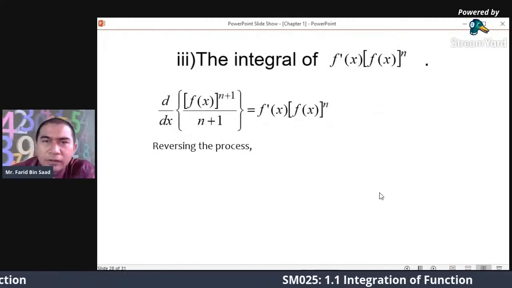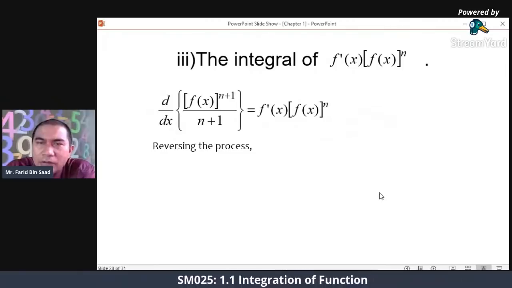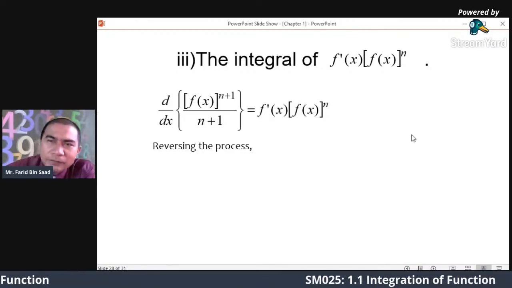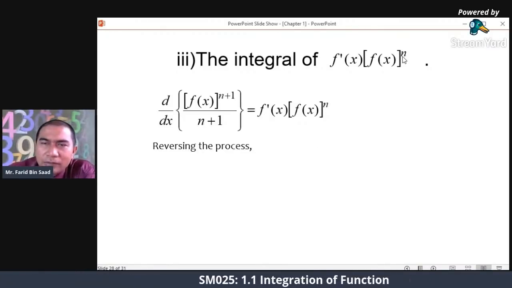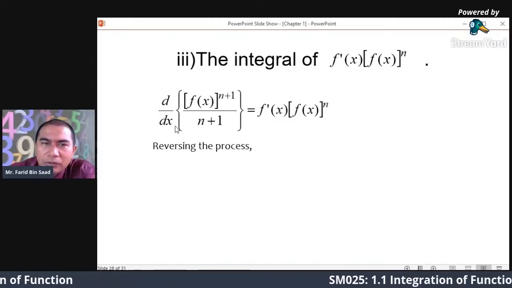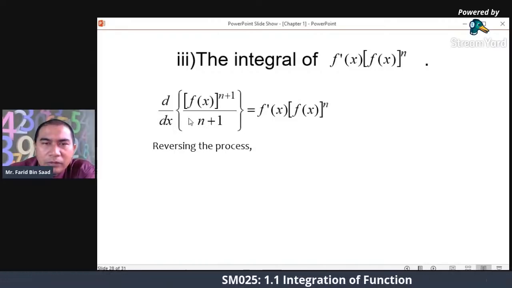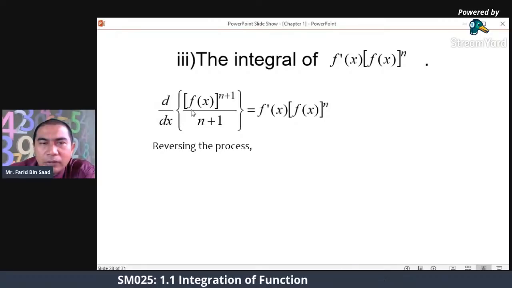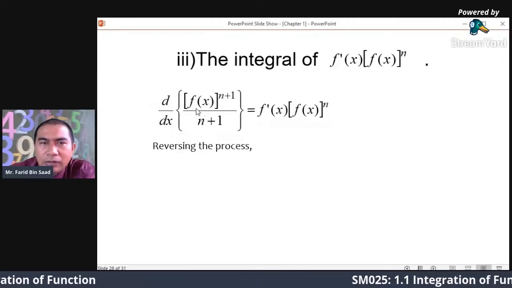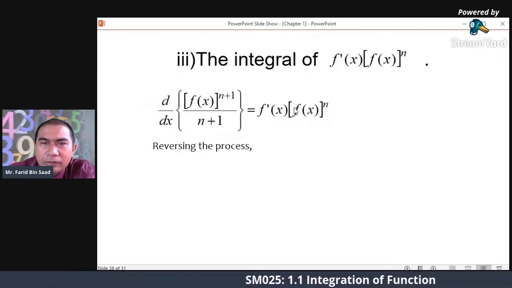The integral of f prime x times f(x) power of n. Here f(x) has a power. In differentiation, when there is f(x) power of n plus 1, we differentiate it, we get f prime x times f(x) power of n.